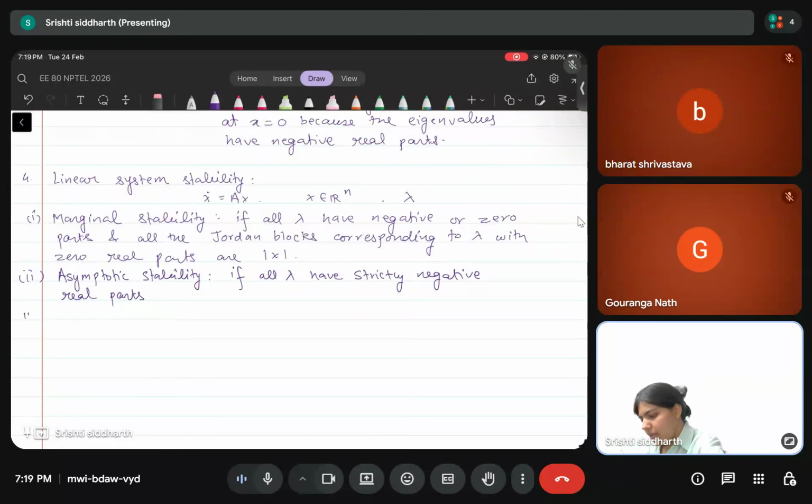And then we have unstable, if at least one eigenvalue has a positive real part, strictly positive real part, or zero.